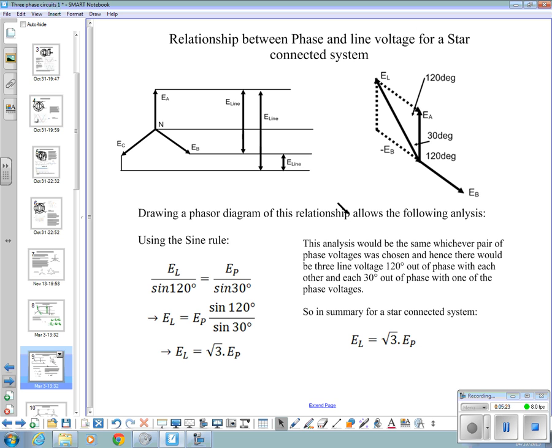So what I do now is create a phasor diagram of that system, and I've done that over here, and I'm going to try and explain that a little bit. Here's our EA, and I'll put that vertically upwards, so that's this phase voltage here.